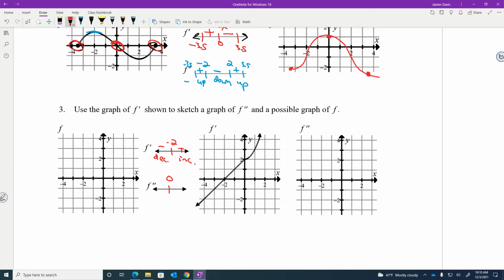Sort of that little deal going there. So it is kind of a critical number. Like I said, it kind of looks undefined, if you will.